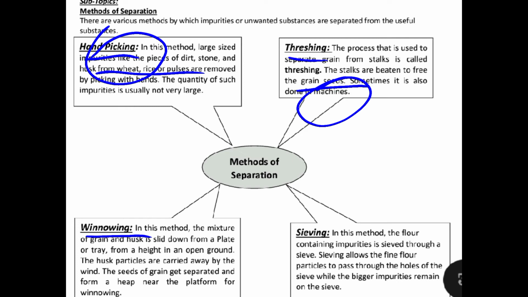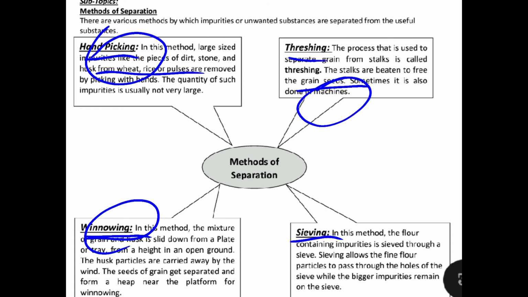We take some grains along with the husk and other particles, and drop them from some height, and then the air blows away the light particles of husk. This is called winnowing. In this manner, the seeds of grain get separated from the husk, near the platform for winnowing.